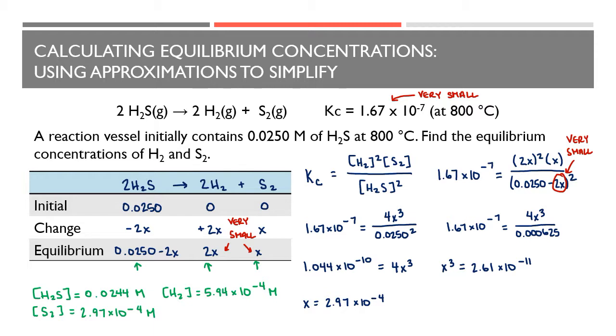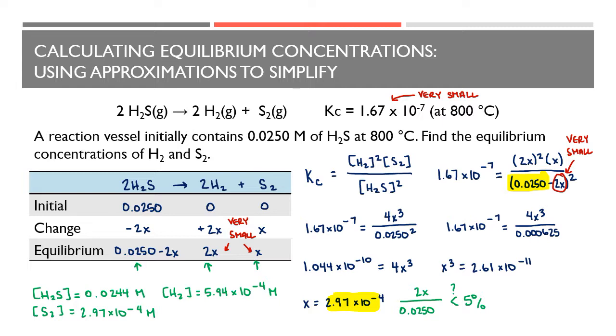Now the last thing I need to do is verify that the assumption I made at the beginning was okay. So I need to compare the 0.0250 with the 2x and make sure that the difference between those two is less than 5%, so I could assume that taking out that 2x was okay. So I'm going to set up a ratio, a percentage. 2x over 0.0250 needs to be less than 5%.